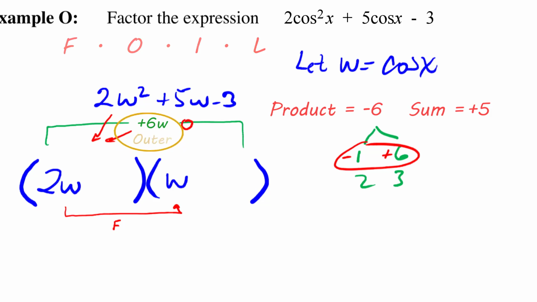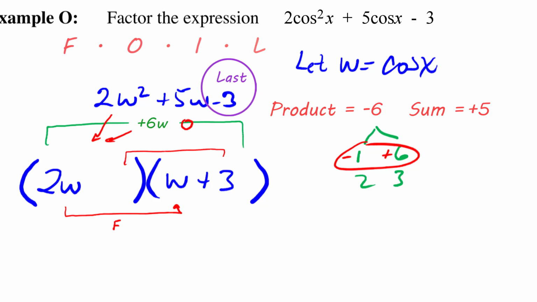And to get 6w, it's 2w times positive 3 at 6w. The last product, 3 times negative 1 to get negative 3. So that's how we get our factored form. We can then replace w with cosine x.